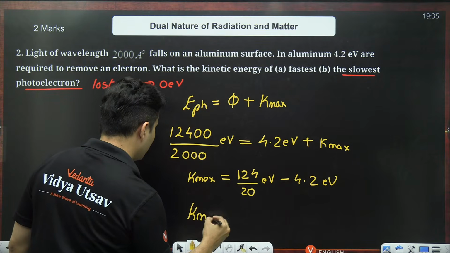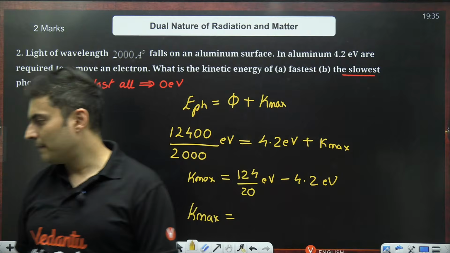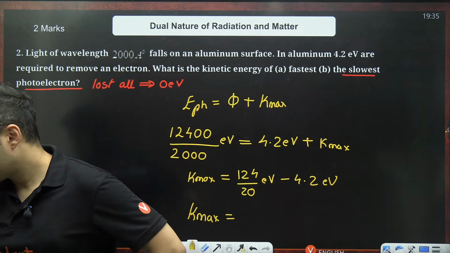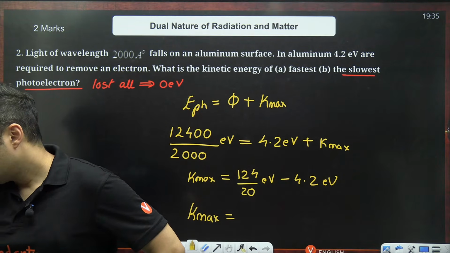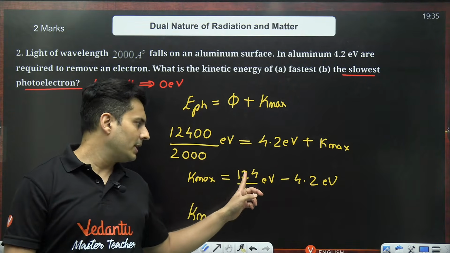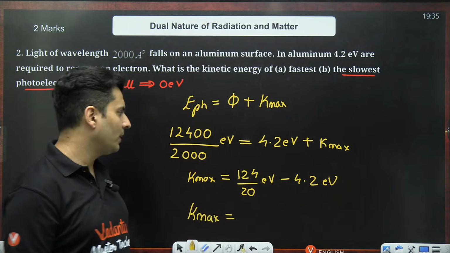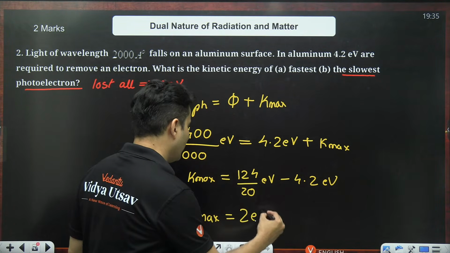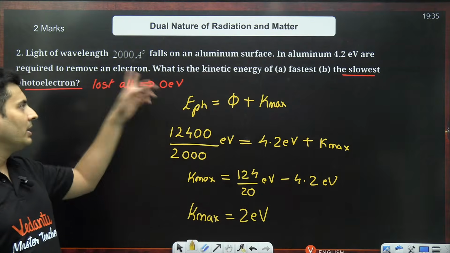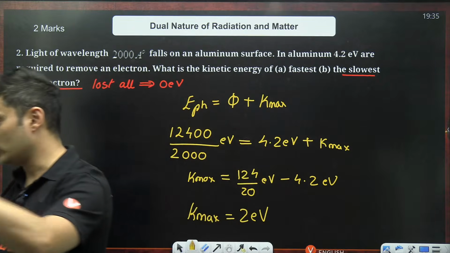So how much is your maximum kinetic energy going to be? This will be 124 by 2, 62, so 6.2 minus 4.2, that is 2 electron volt. So maximum is 2, minimum is 0. Any energy in between is possible. More than that is not possible.